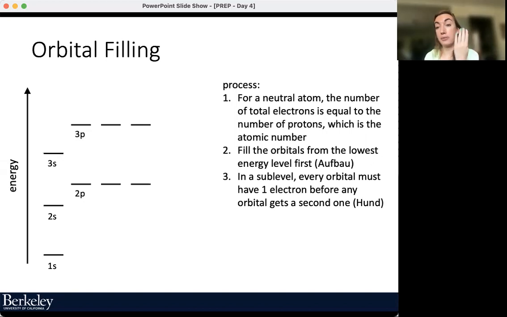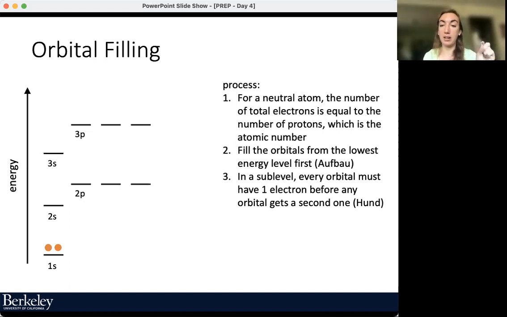Now I know I have 4 electrons, and I just need to figure out where they go. So the first electron is going to go in the 1s orbital, and I have to finish filling the first energy level before I can move to the second one. So I'm going to put my second electron in the 1s orbital as well. Then my first energy level is full. So now I get to move to my second energy level.